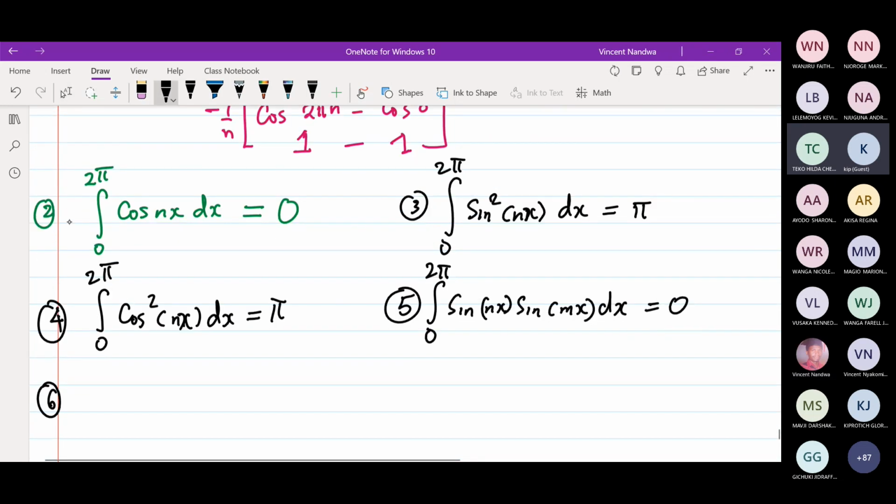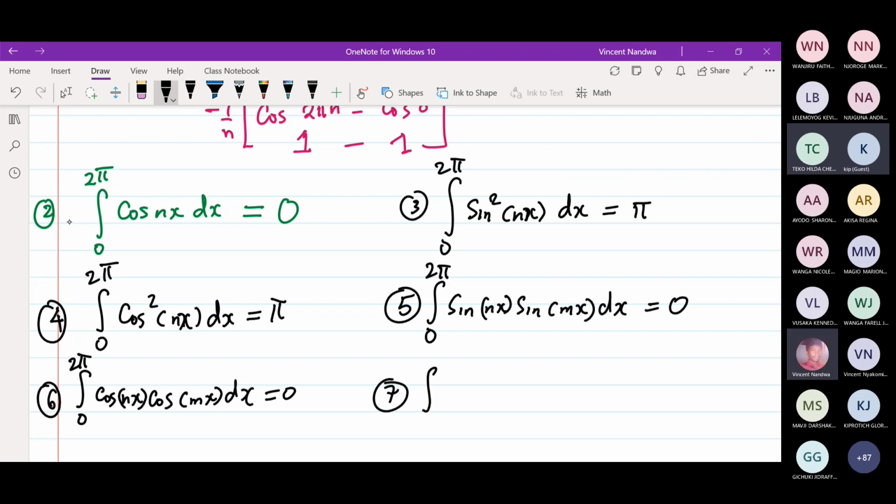Number 6, 0 to 2 pi of cosine of nx times cosine of mx dx gives 0. The integral from 0 to 2 pi of sine nx cosine of mx dx gives 0.